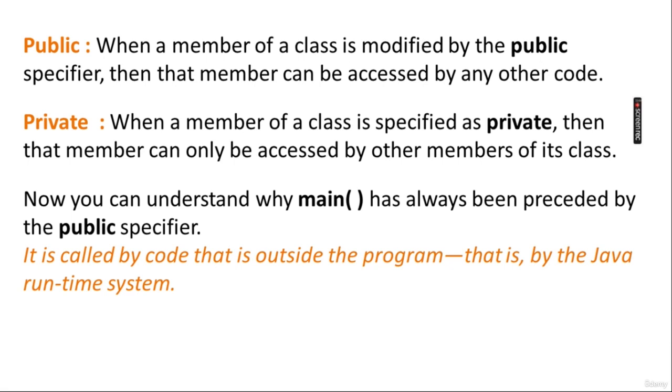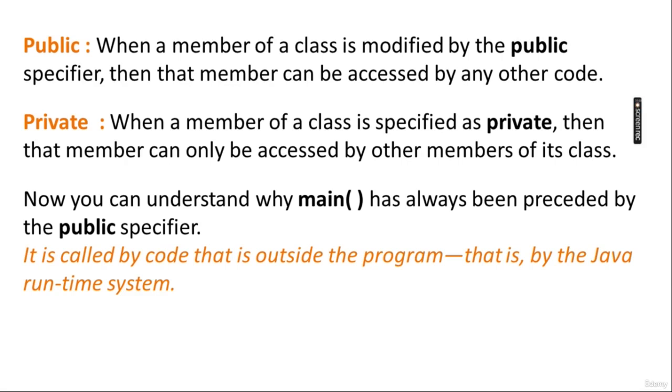Private: when a member of a class is specified as private, then that member can only be accessed by other members of the class. In your project, you can have multiple classes. Till now we have created many projects with only one class, but you can have more than one class.